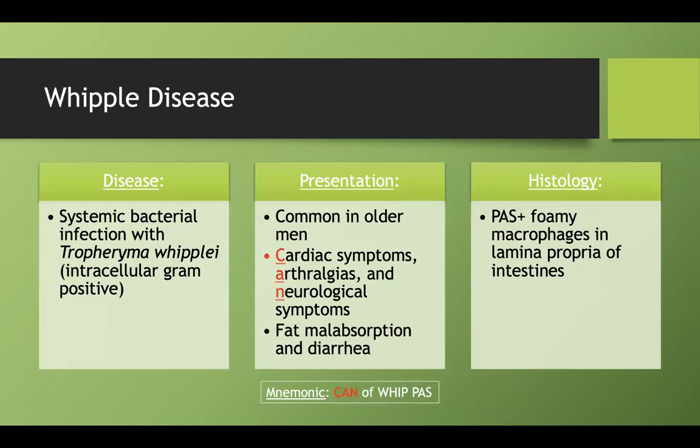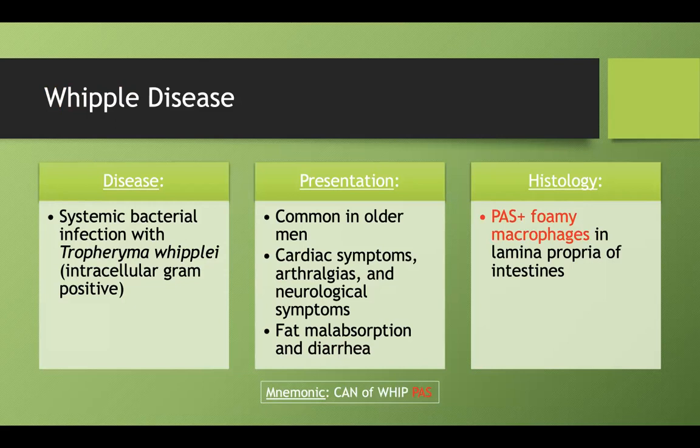So you have the can here, talking about cardiac, arthralgias, and neurologic symptoms. Because you're sitting on the can a lot, you'll have diarrhea as well. The whip will remind you of Whipple's disease, and the PAS will remind you of the periodic acid-Schiff positive foamy macrophages.